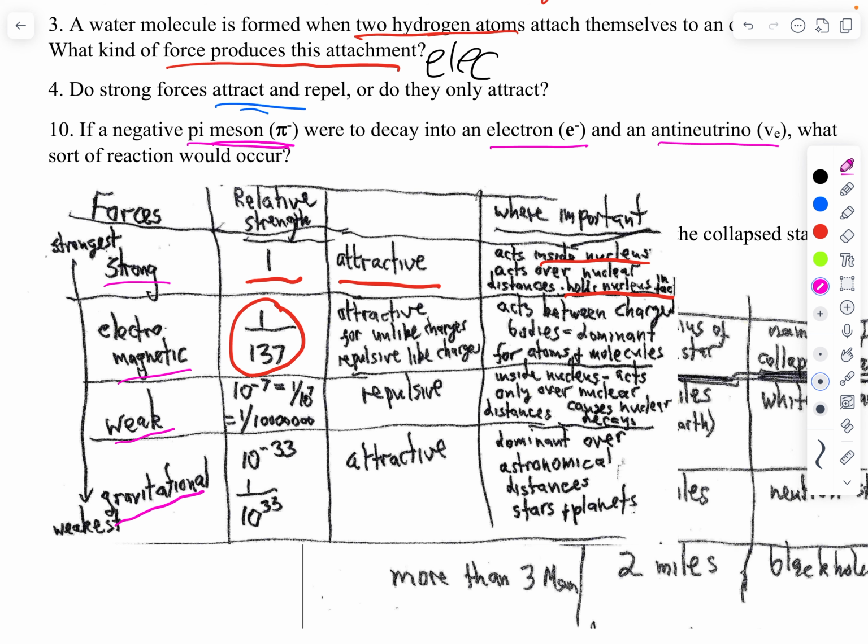So if you look over here, this acts only over nuclear distance. Nuclear distance is basically the distance within the nucleus, because it's really, really small. And this force is the main driving force for decay, nuclear decay, beta decay, all those things. You probably won't have to go over it until you get to Chem 4.